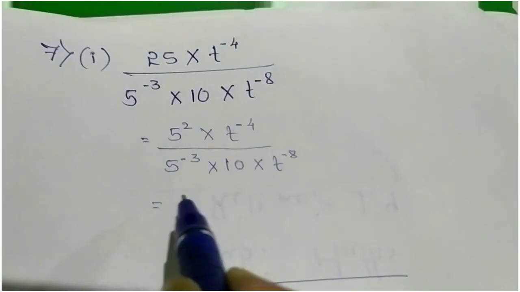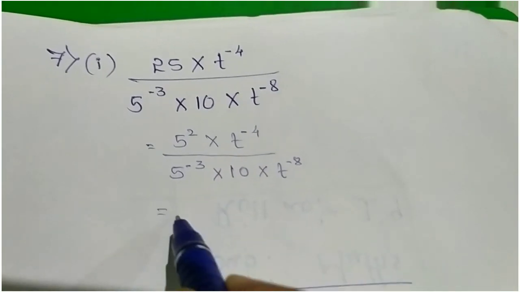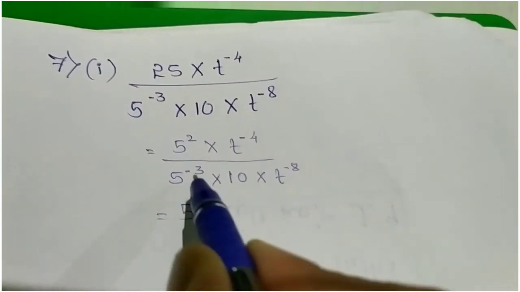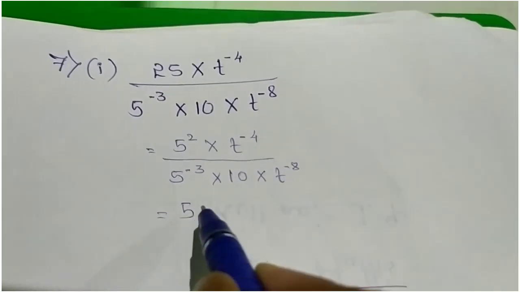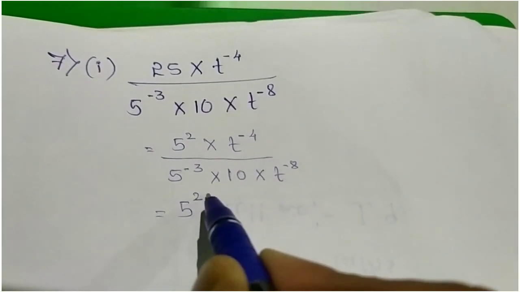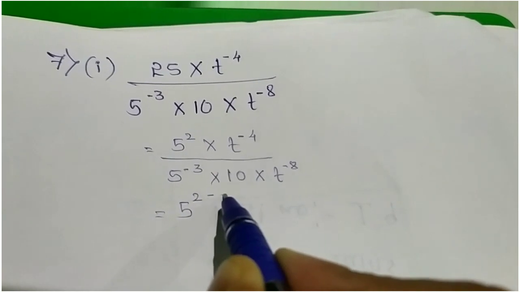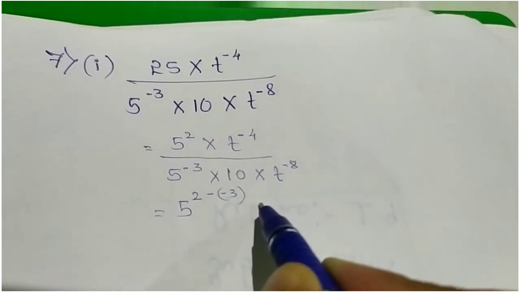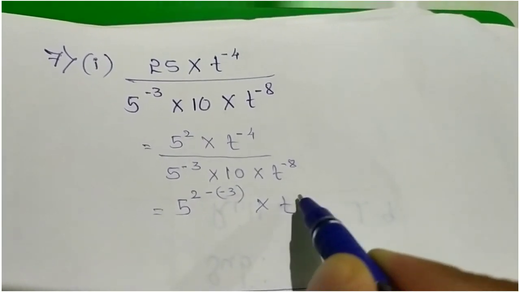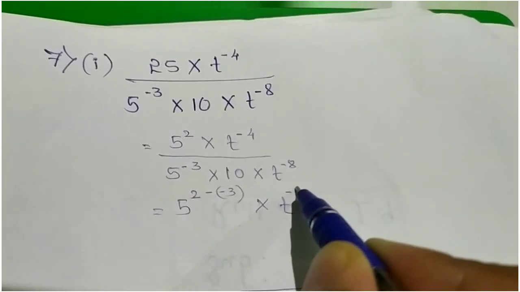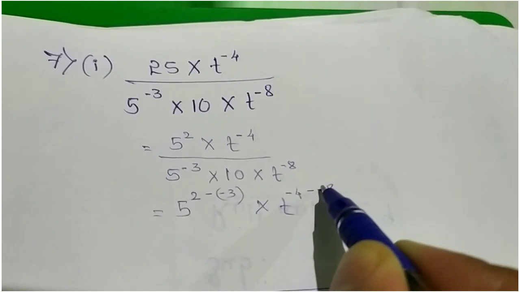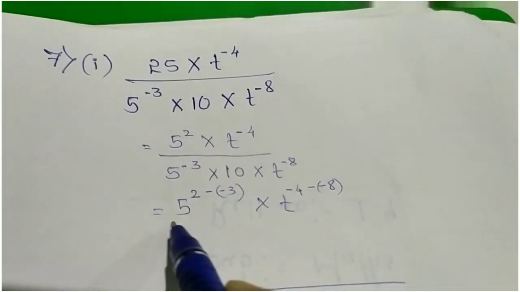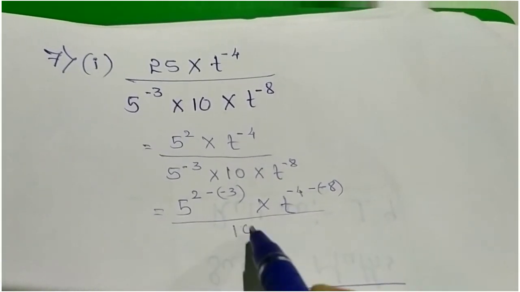So using the law of exponents, a power m by a power n, it becomes 5 power 2 minus of minus 3 into t power minus 4 minus of minus 8, whole divided by the remaining 10.